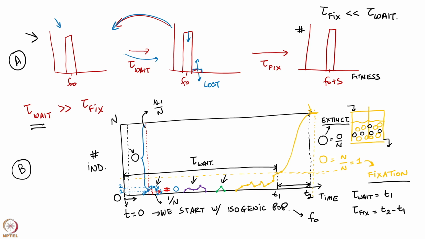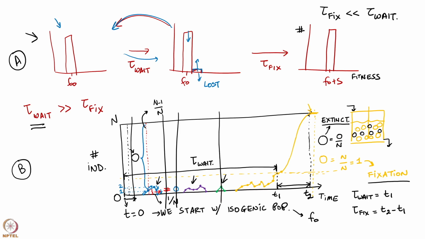So, going back to the question that we ended last video on, if we were to take a snapshot of this chemostat at any given point in time, what would we see? If we took a snapshot here, there is no mutation, snapshot here, no mutation, snapshot here, no mutation.